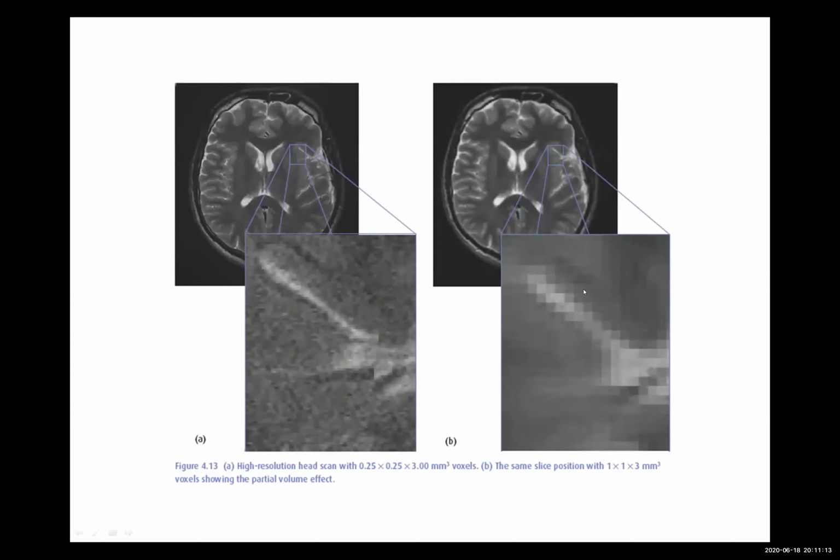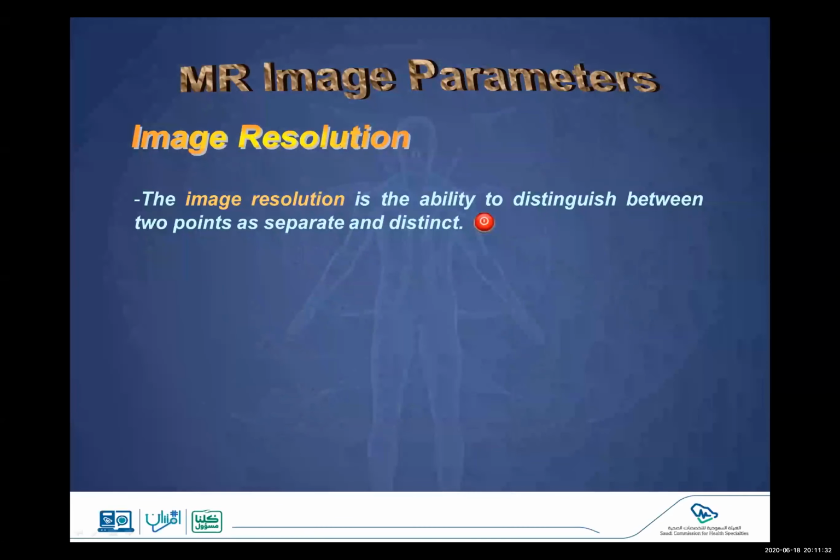Exactly what we have in MRI. If we have an image with a very high resolution, we will be able to see very tiny details in our images compared with an image with a very low resolution. Once you zoom the image, you lose all the information, and you get to the end of that image.